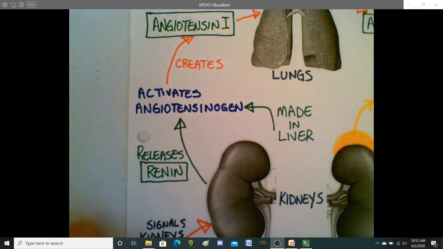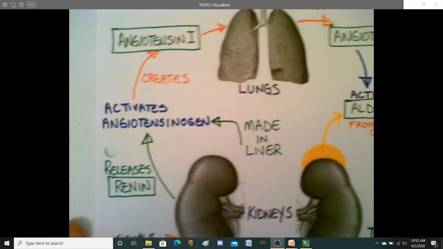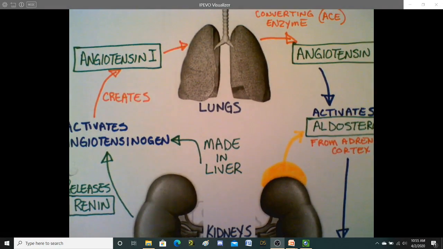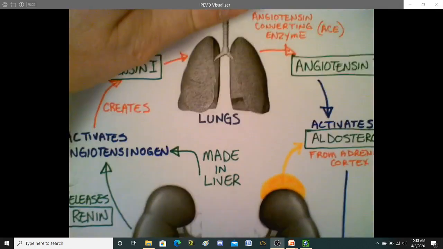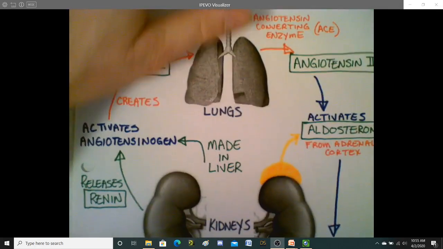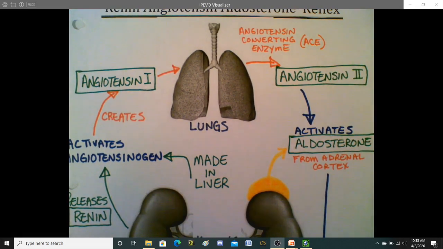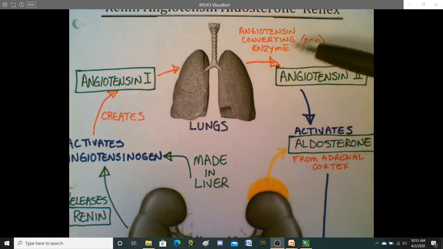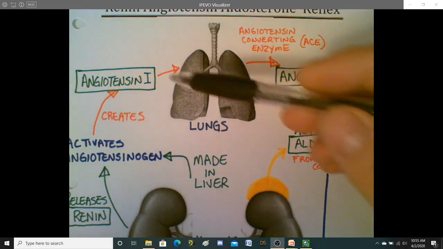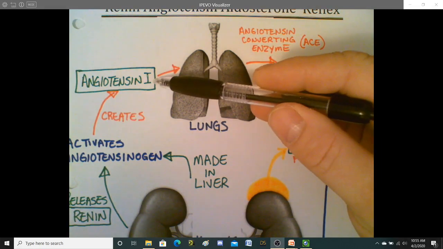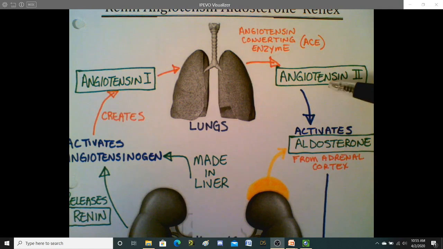Now, this is all in the bloodstream, right? So we are having angiotensin 1 traveling around in the bloodstream. Now, there is an enzyme that is made in our lungs called angiotensin converting enzyme. An angiotensin converting enzyme is an enzyme that has to convert angiotensin 1 into angiotensin 2.